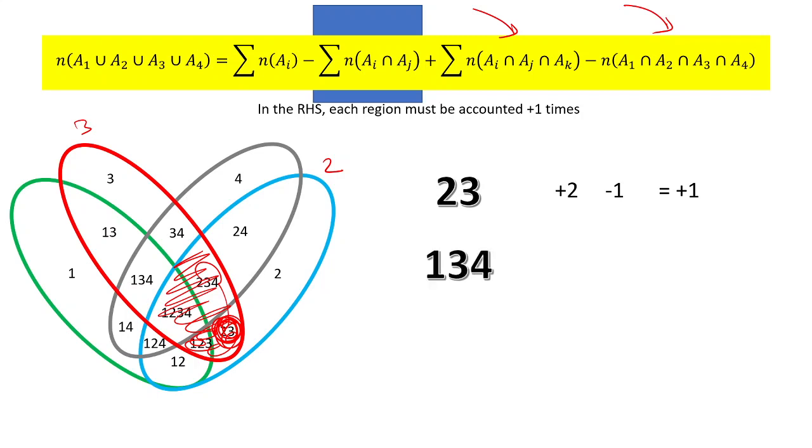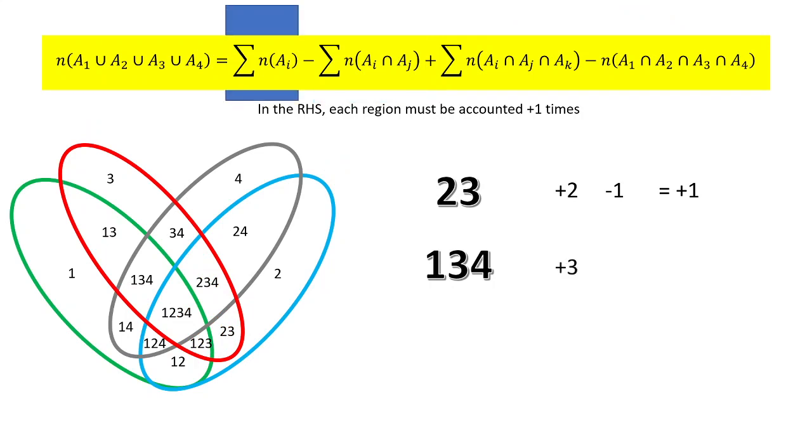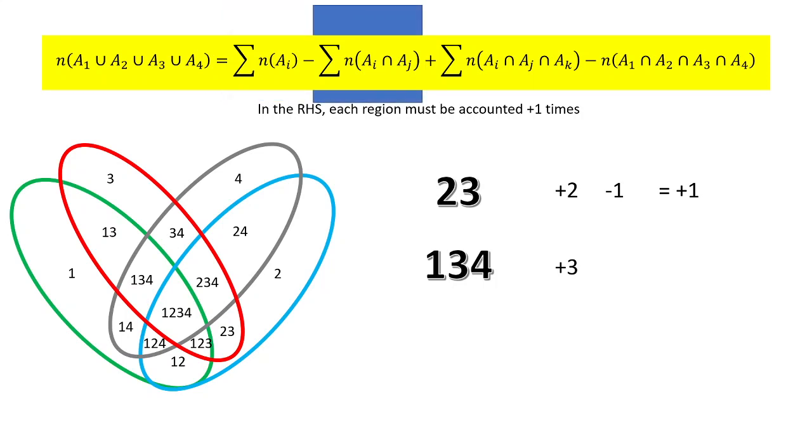Okay, then let's think about 1, 3, 4. So in the first level you will encounter it 3 times, in the sets 1, 3 and 4, and in the second level, how many times? I think that would be 3C2 times, because you have 1, 3, 4, and if you select 2 out of these 1, 3 and 4, like 1, 3 or 3, 4 or 1, 4, right?